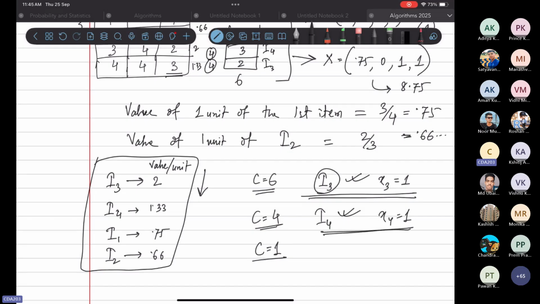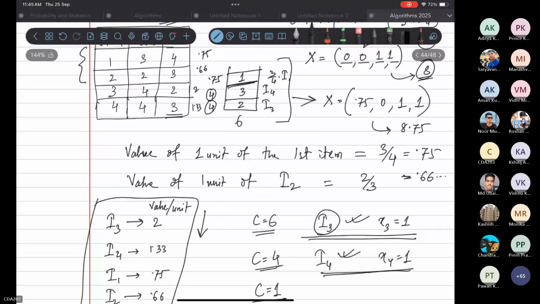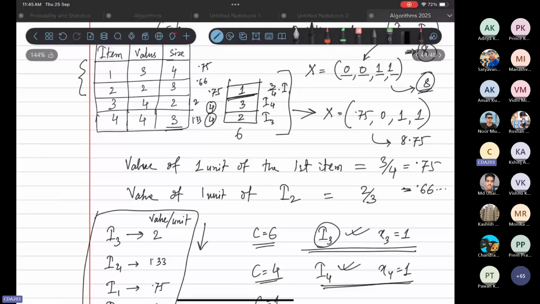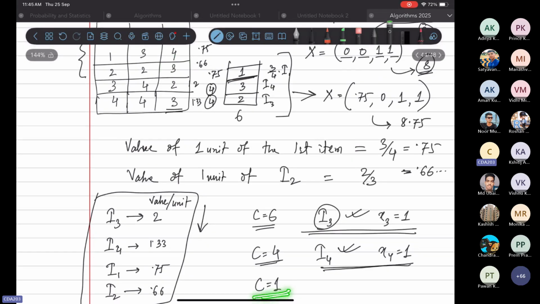Now I can see that I cannot take, what's the next item? Item 1. I cannot take item 1 fully because item 1 has size 4, but I can take only one unit, size 1. So I will be choosing just a fraction of that item.